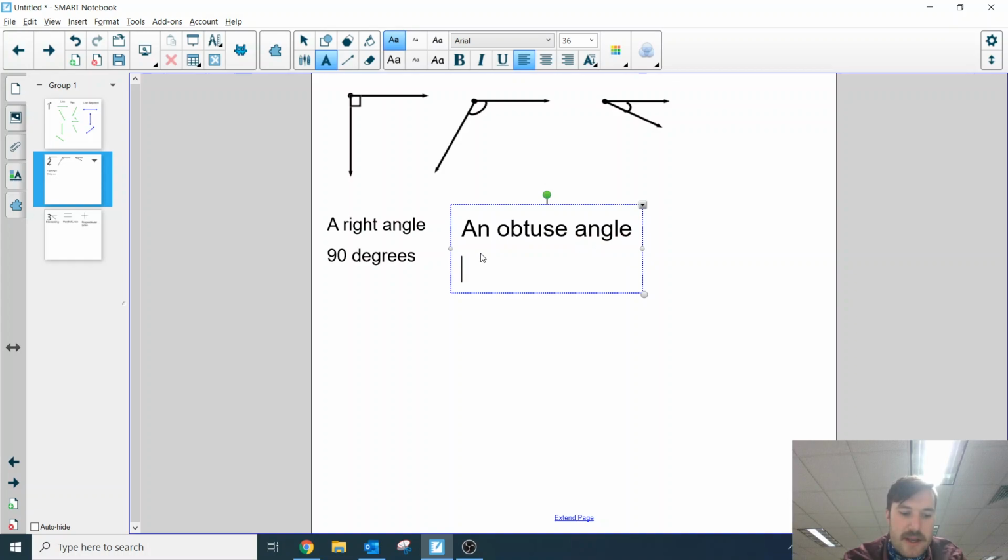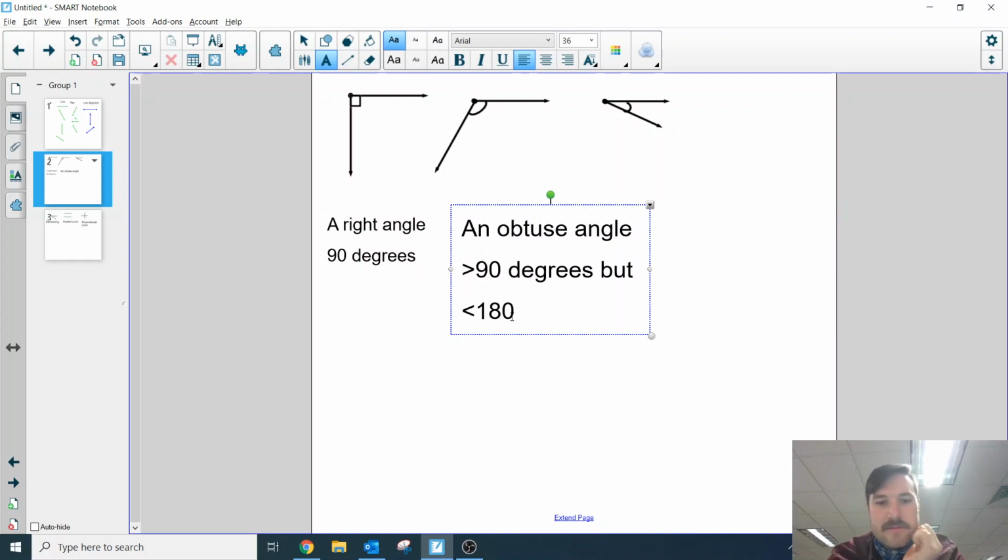So an obtuse angle is greater than 90 degrees, but less than 180 degrees. Okay, so that's an obtuse angle. So anything greater than 90 degrees but less than 180 degrees. 180 degrees would look just like a straight line.